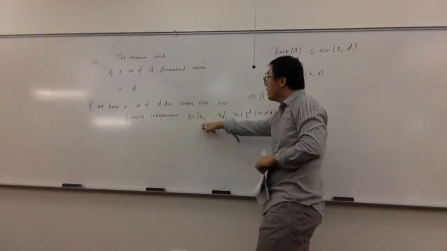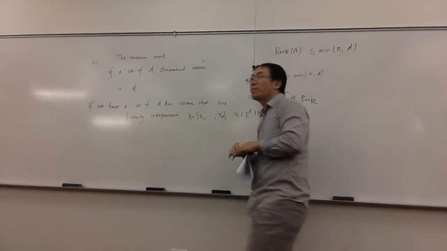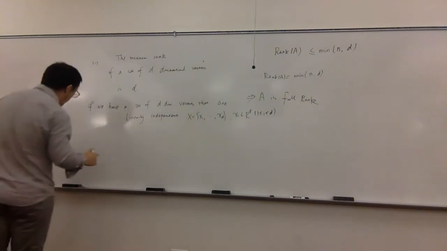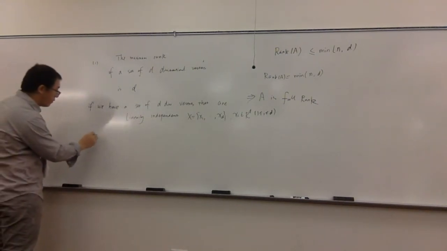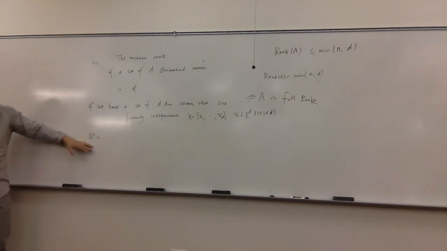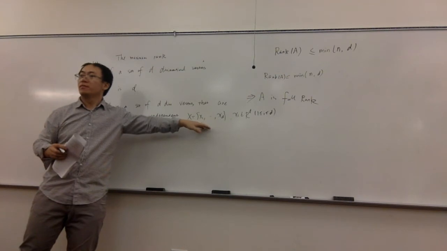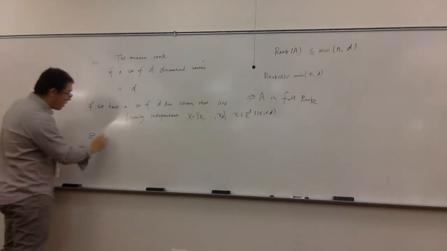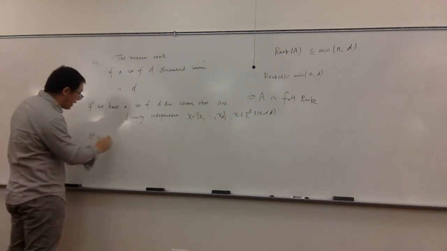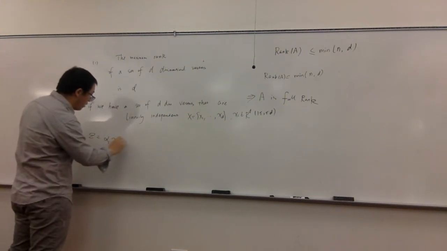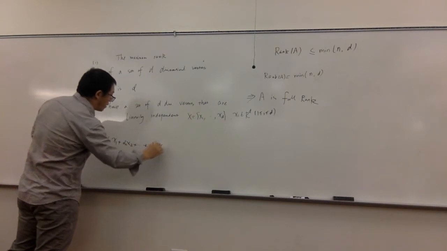Suppose these d vectors are linearly independent. Then we can prove that an arbitrary d-dimensional vector z can be expressed as a linear combination of x1 to xd. Meaning there exist d coefficients alpha 1 to alpha d such that z equals alpha 1 x1 plus alpha 2 x2 plus ... alpha d xd.